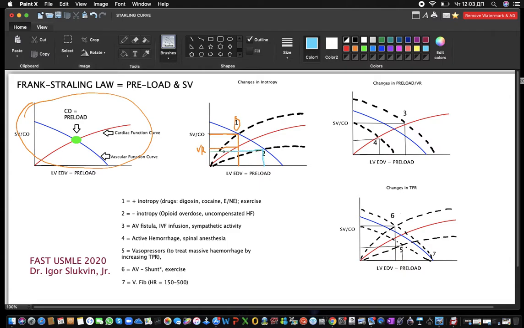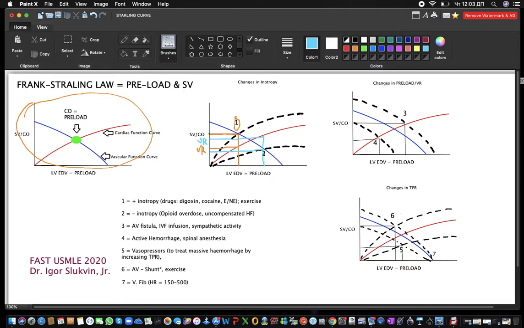We have less venous return for the same amount of end diastolic volume.